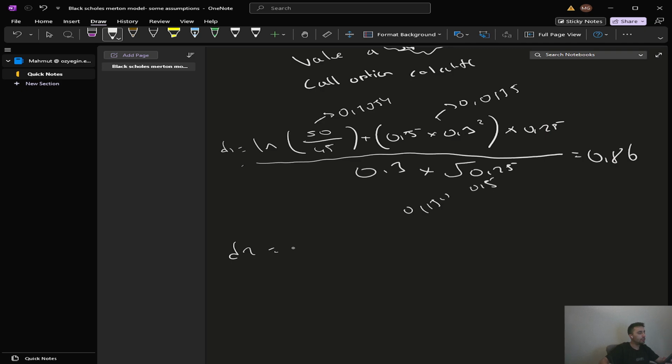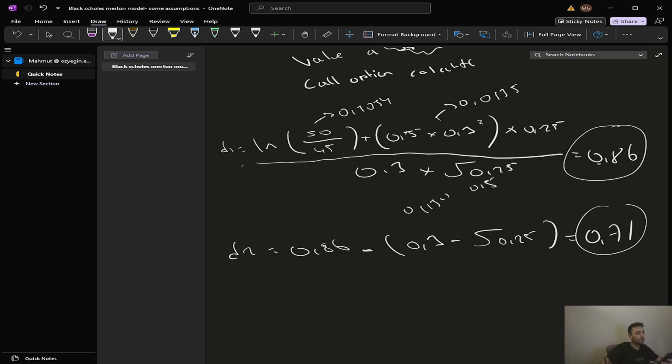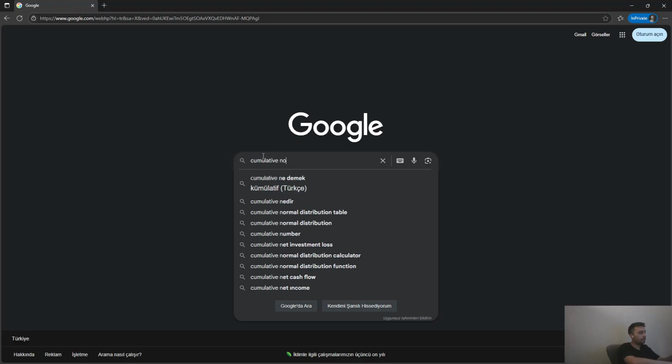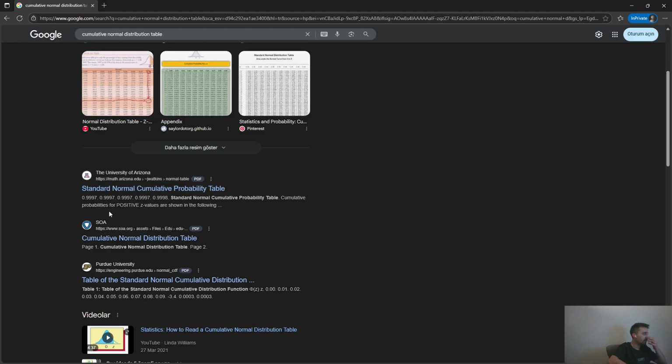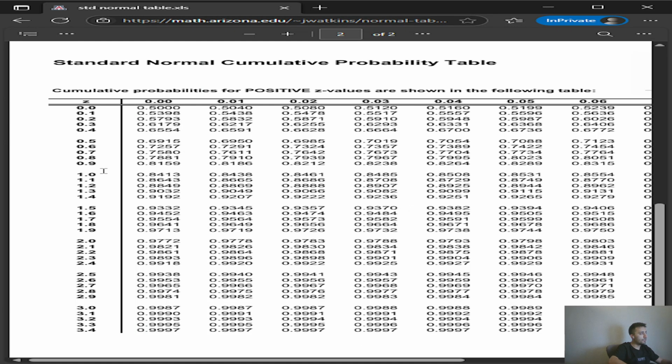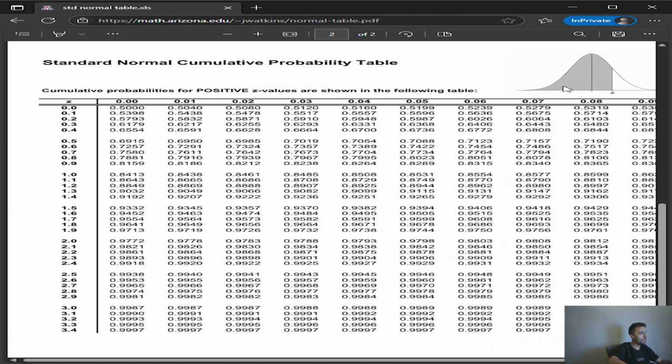We have 0.86 for d1 and d2 about 0.5. These are all probabilities. What does it mean? These are all probabilities, and we have to check the normal distribution. We should find all these values, so let me show the normal table. This is negative and this is positive.